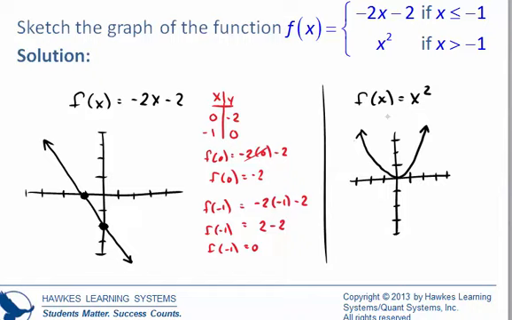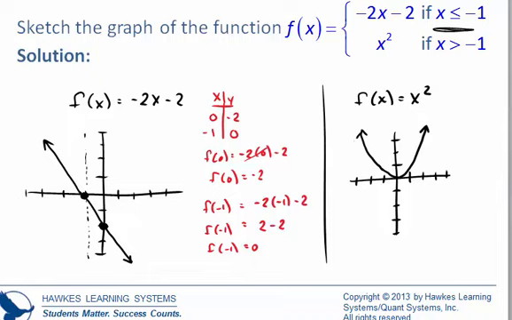Now, the other thing that I need to consider is that these graphs only apply in certain situations. So the first graph is only good when x is less than or equal to -1. And so what I'm going to do is find the -1 on the x-axis, and separate this graph with a dotted line for a second. Here's the -1 on the x-axis. And this graph is only going to apply for x values that are less than or equal to that. So that's going to be only the left side of the graph.